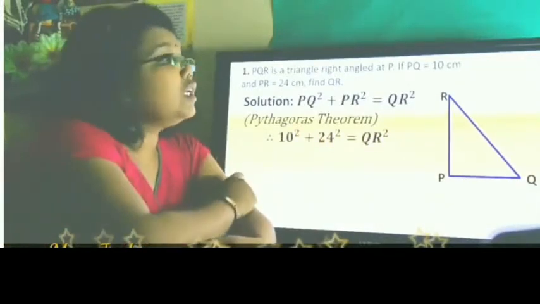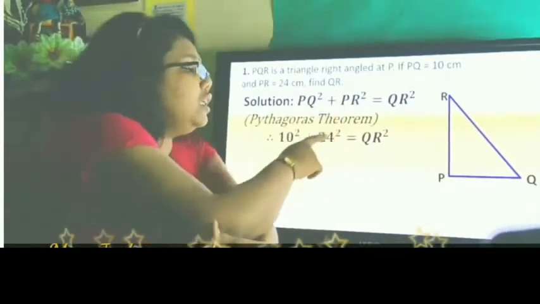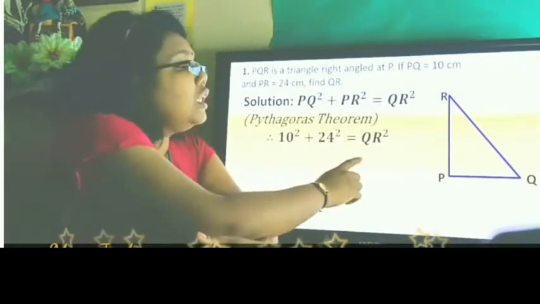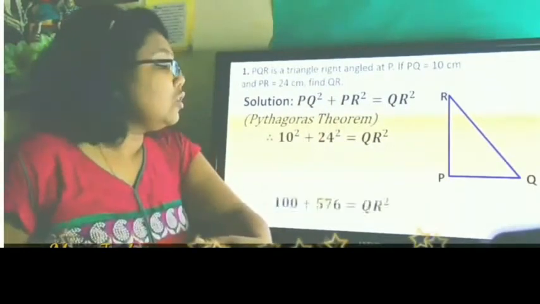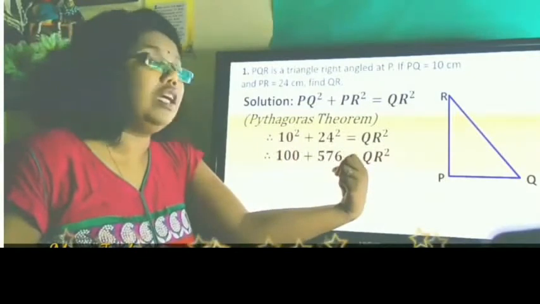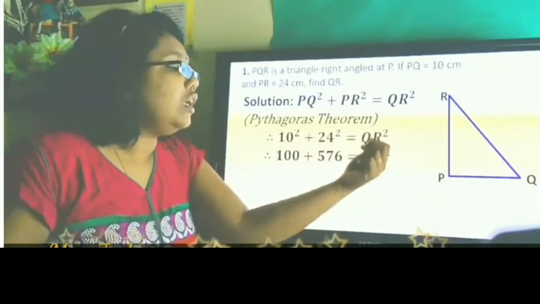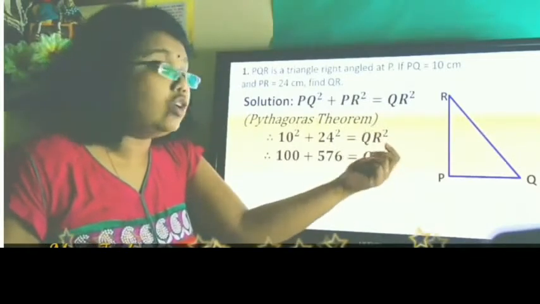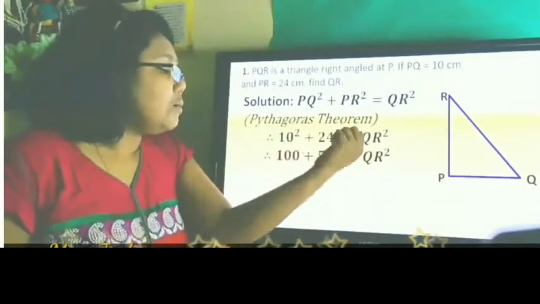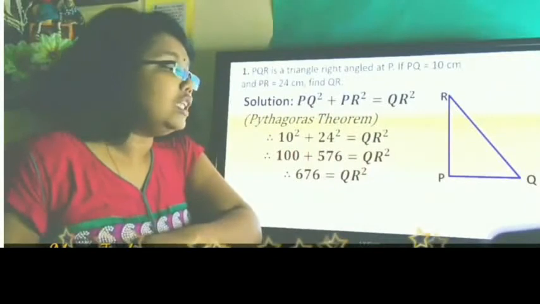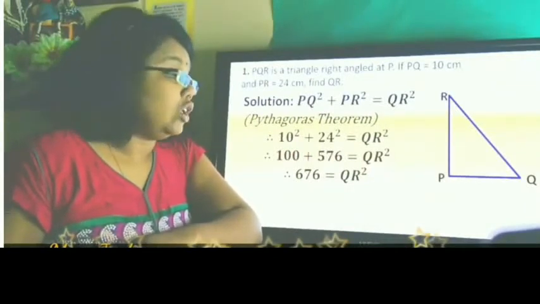Now put the values. PQ square is 10 square, PR square is 24 square, and then we get QR square. Now 10 square we know is 100, 24 square is 576. How to find squares? We have already seen that. And QR square remains as it is because we don't have the answer for that yet. So 100 plus 576 is 676, and 676 is QR square.